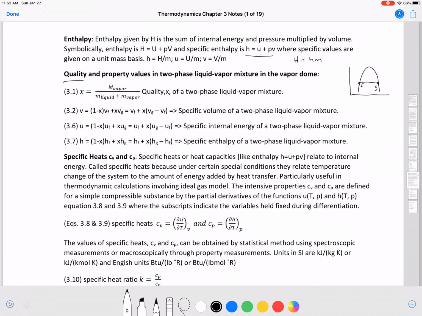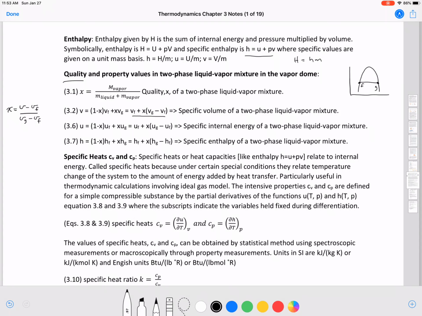And they just rearrange it here to distribute that vf, and we end up with this. We can also rewrite this and solve for x. So x equals v minus vf divided by vg minus vf.